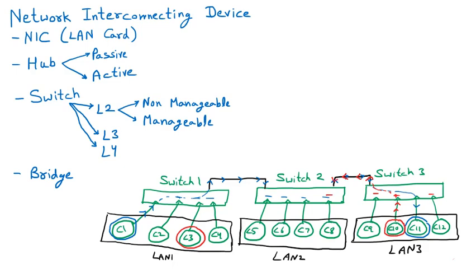Now checking inside the switch 2, not finding, again going to switch 1, then it will find and send to C3. So the data is going to C3.